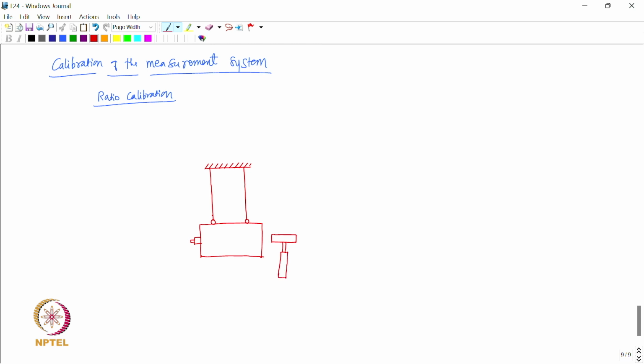Okay, and then we measure the acceleration.